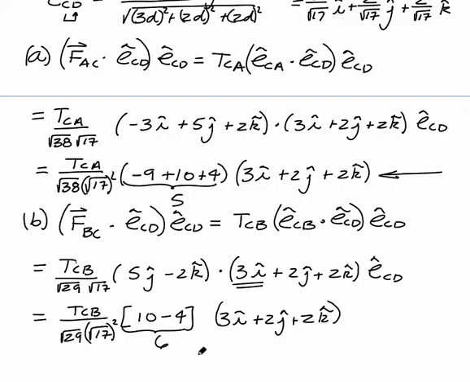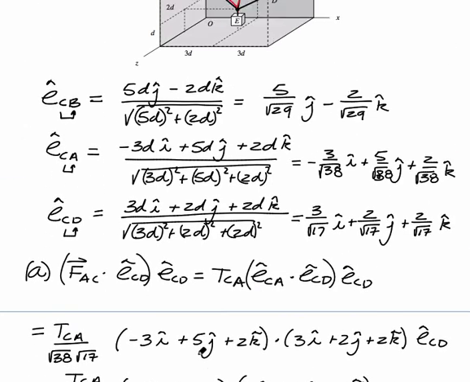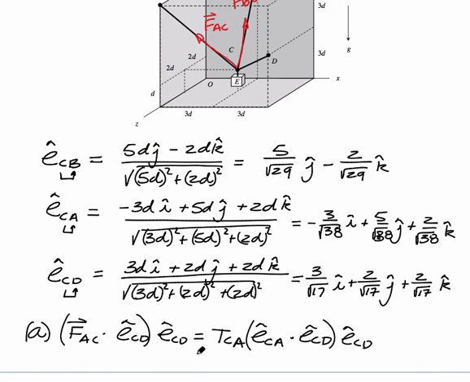So the problem came down to writing out unit vectors for each one of our three cables. For CA and CB, we needed those in order to write the forces. And since both of those forces are projected onto the direction of CD, we needed the unit vector for that.